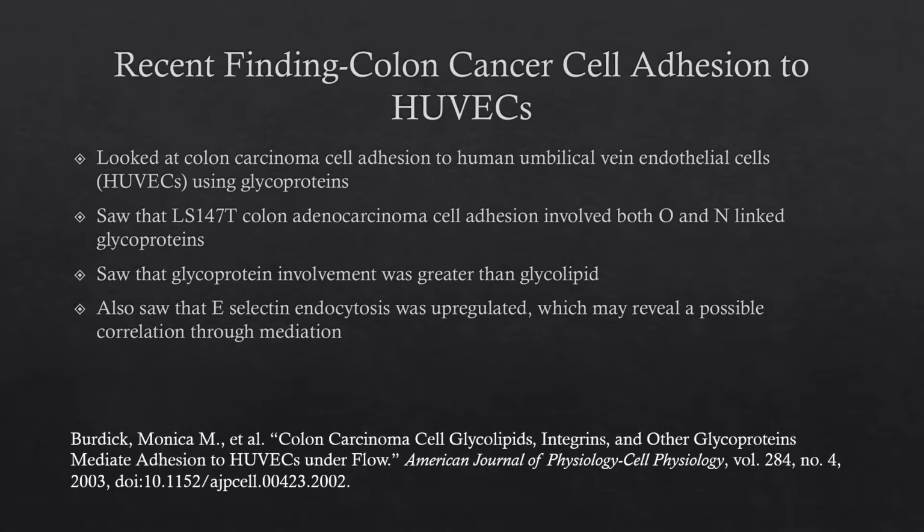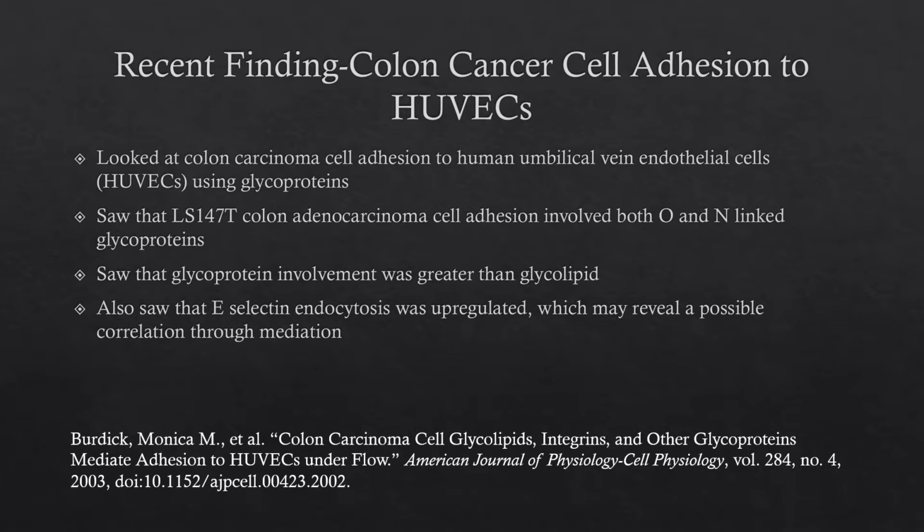One of the most recent findings dealt with colon cancer and human umbilical vein endothelial cells, or HUVECs. What these researchers looked at was colon carcinoma cell adhesion and its relation to the human umbilical vein endothelial cells using glycoproteins.